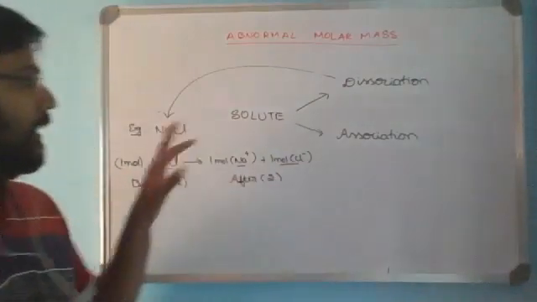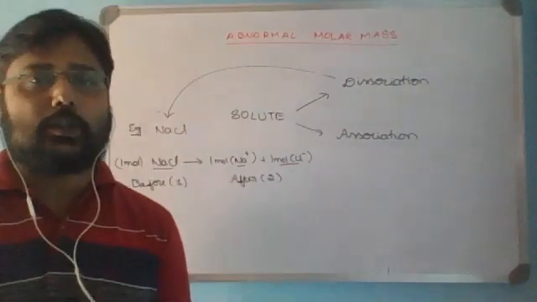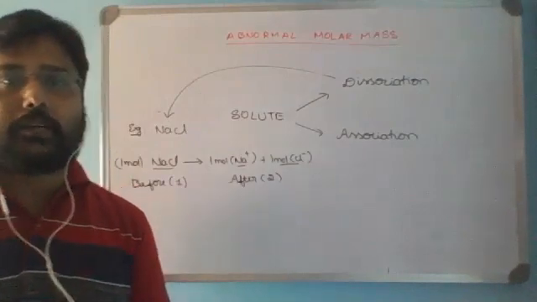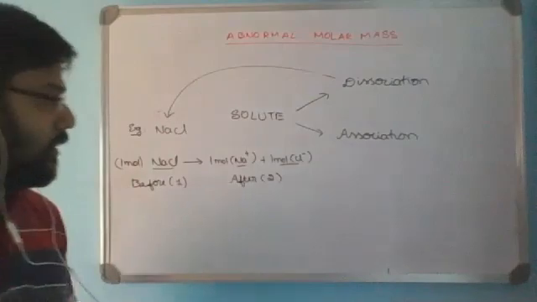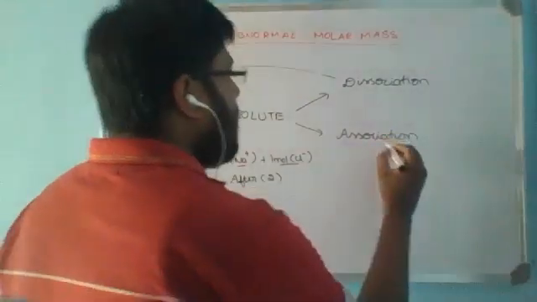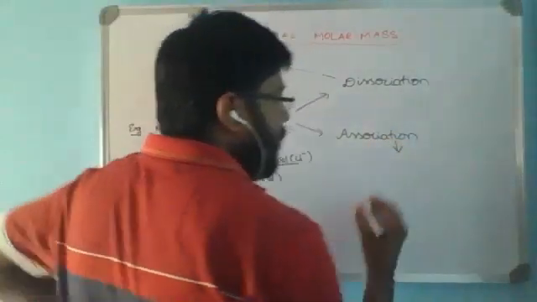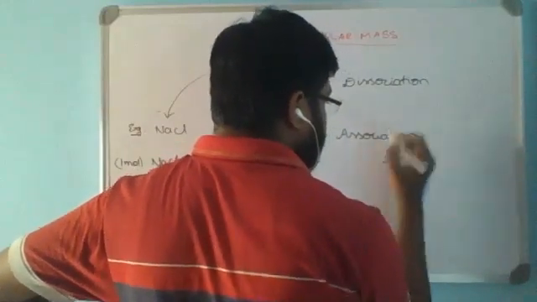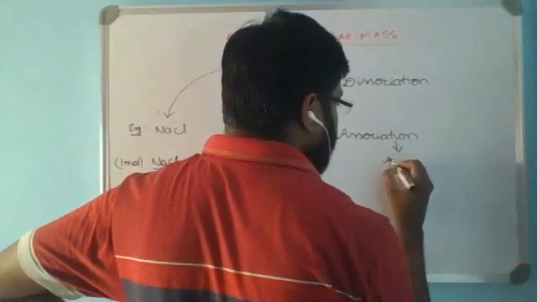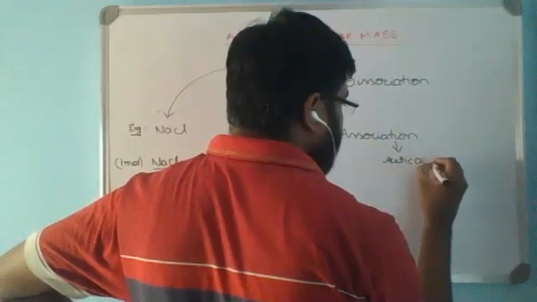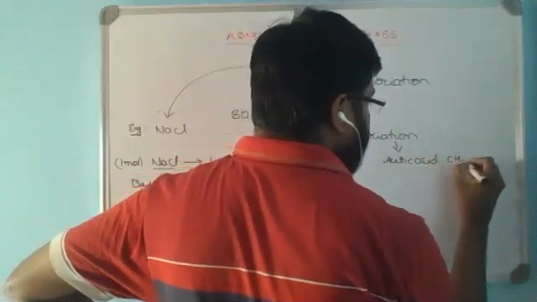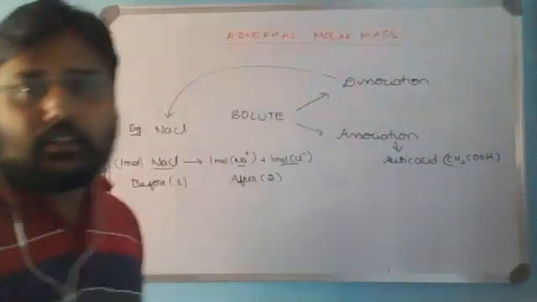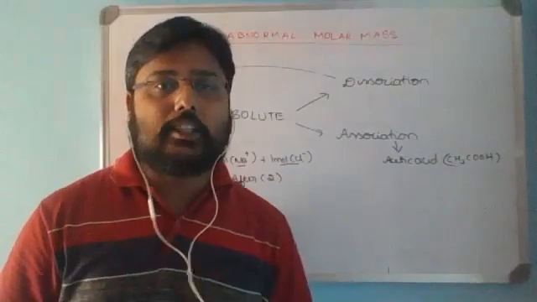Similarly, any other example can be considered to understand how dissociation is related to abnormal molar mass for the solute in solution. Now we'll take a simple example for a solute undergoing association. It is acetic acid. Acetic acid will undergo dimerization in the solution.